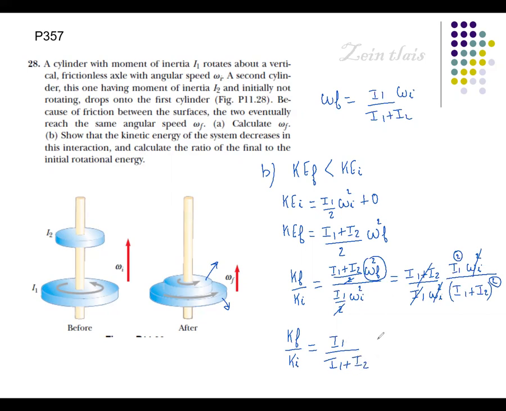This value is less than 1. So we can say kinetic final divided by kinetic initial is less than 1. So kinetic final is less than kinetic initial.